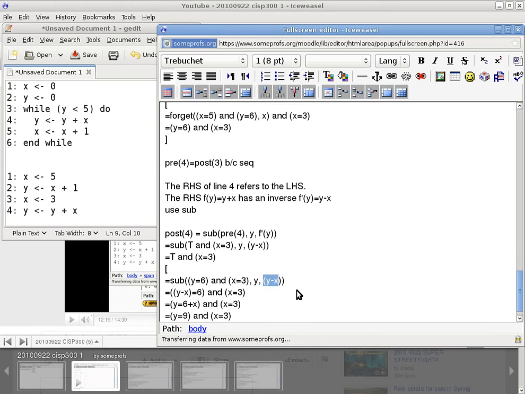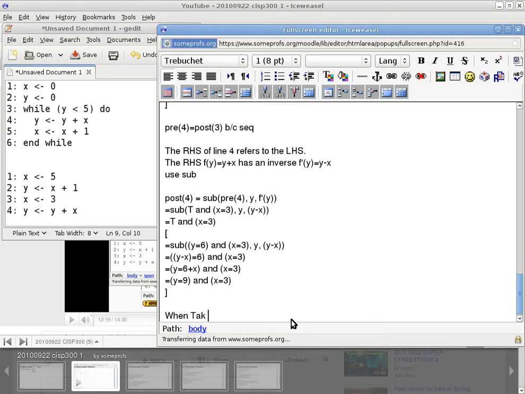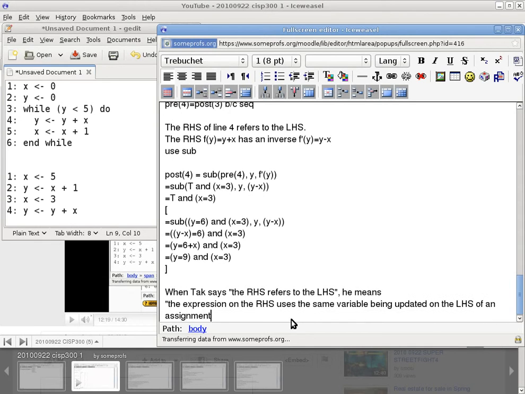So let me just make it a point here and basically say when TAC says the right-hand side refers to the left-hand side, he means the expression on the right-hand side uses the same variable being updated on the left-hand side of an assignment statement.